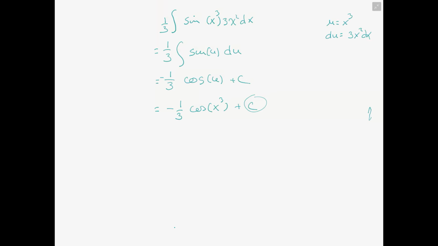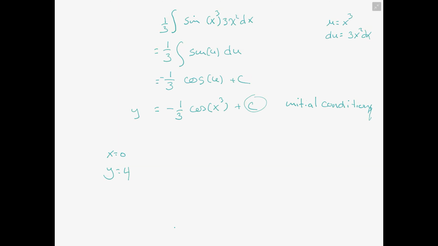Can't forget, because these are indefinite integrals, we can't forget the constant c. And there's a way of solving for these constants with initial conditions, but we haven't got any initial conditions yet.